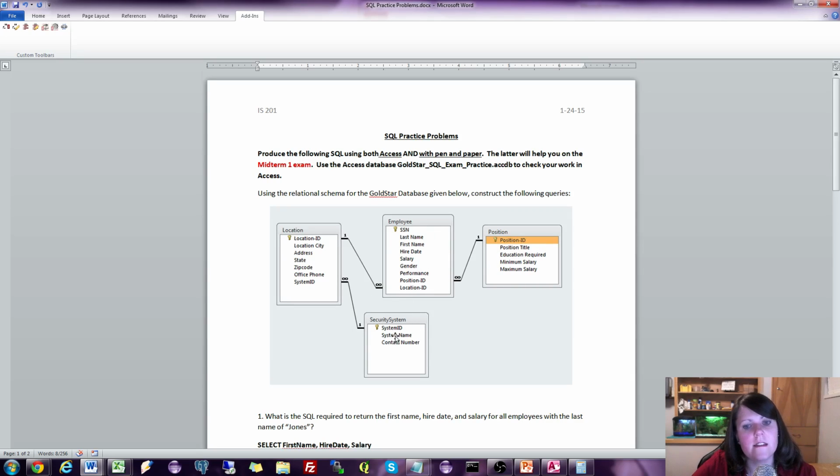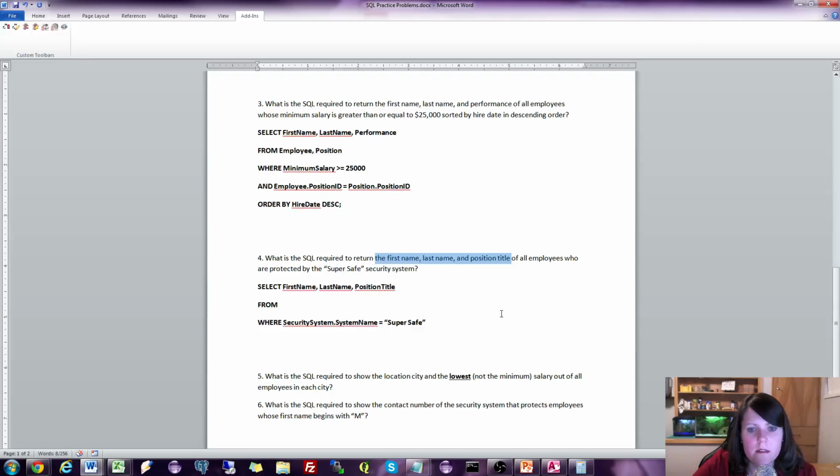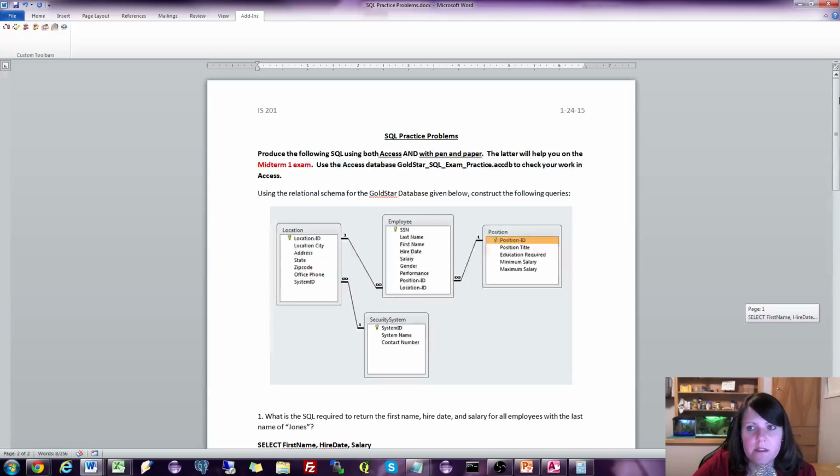I need to set system ID equals system ID, then location ID equals location ID. I have to make both connections. But additionally, I also need the position title, which is in the position table. So because I need to get to the position table, I also need to set the position ID in the employee table to the position ID in the position table.